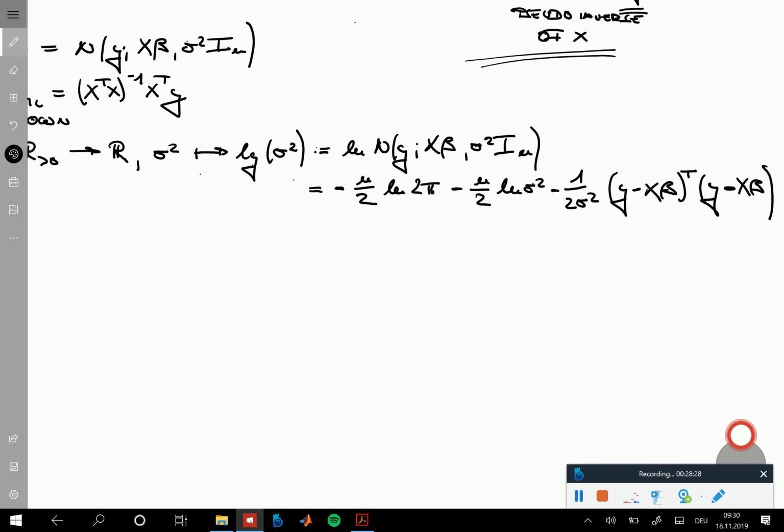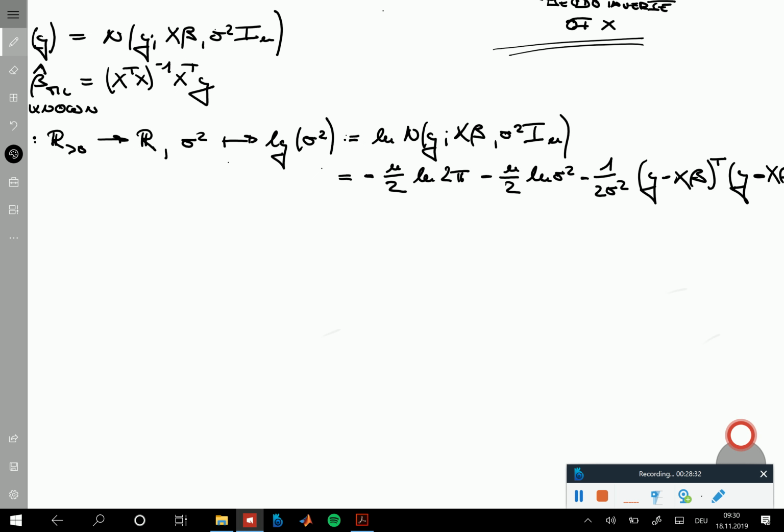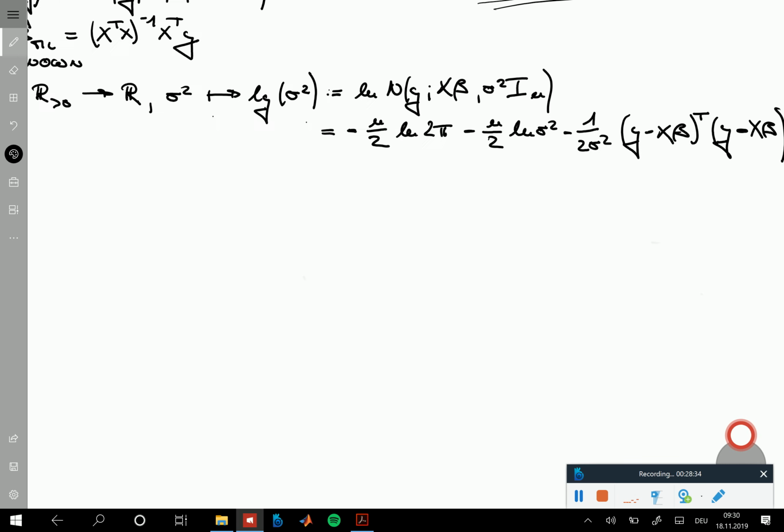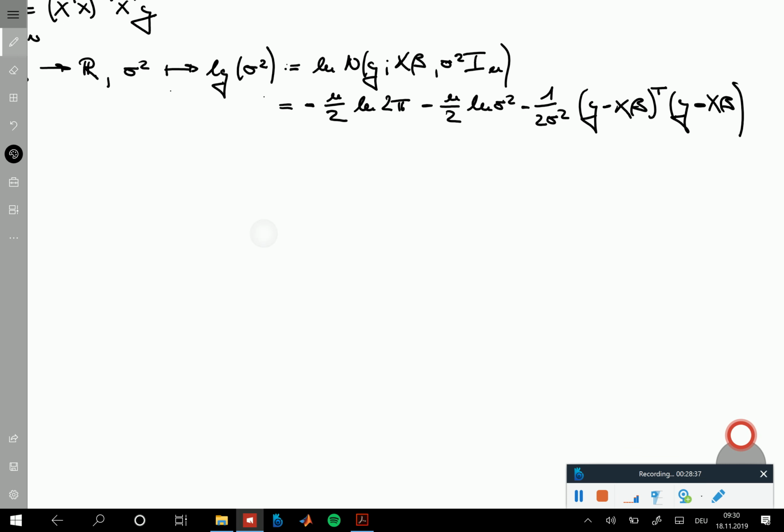And now again we need to compute the derivative. Here there are no further tricks in terms of gradients, because this is just a scalar parameter. So if we compute the derivative of the log likelihood with respect to this, this term goes away, and here we get the derivative of the logarithm, which is what?